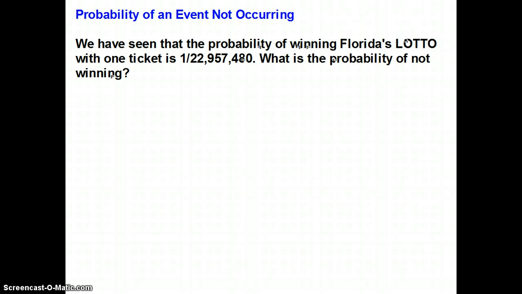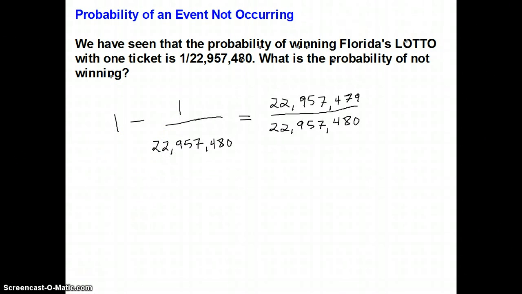We have seen that the probability of winning Florida's Lotto with one ticket is 1 out of 22,957,480. What is the probability of not winning? Well, we would simply need to subtract the probability of winning from 1, and that gives us, I'll go ahead and pause it for you.